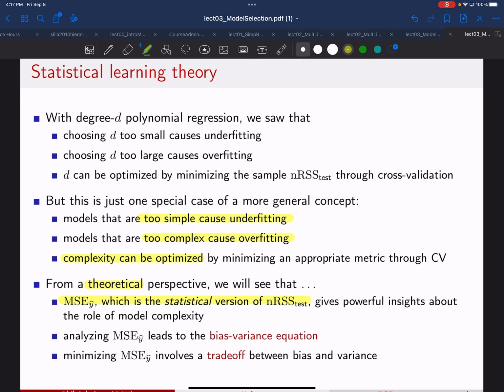quantity, and it's going to lead to one of the most important concepts of the semester, which is the bias variance equation. And we'll see, in studying that equation, a direct trade-off between two terms, bias and variance, that get weighted in different ways as your model goes from simple to complex.